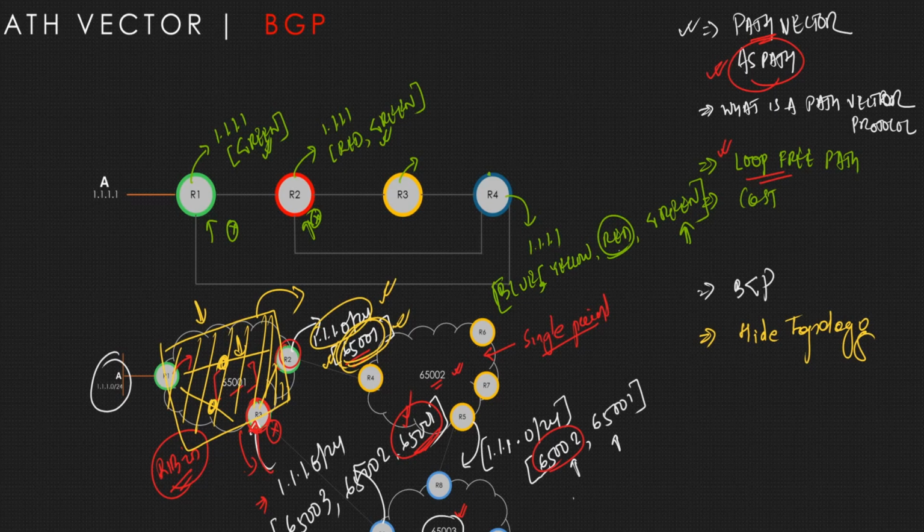It hides the topology information. Whenever we are advertising, it only says that 1.1.1.0/24 is being learned from 65001. How A advertised to R1, R1 advertised to R3, R3 advertised to R2, nothing. It only says it is coming from this autonomous system. That's all. Based on that, it hides the information.